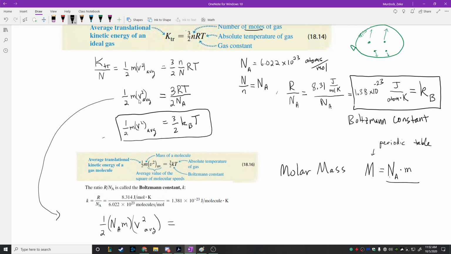And that ends up being equal to 3/2 R times T. So that gives us a new equation, which says if we take 1/2 the molar mass times the velocity squared average, this is going to be equal to 3/2 RT. This is going to represent average kinetic energy per mole.